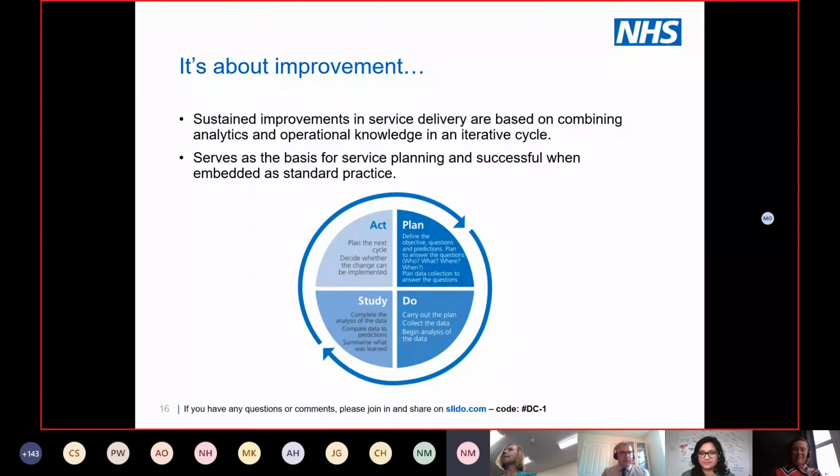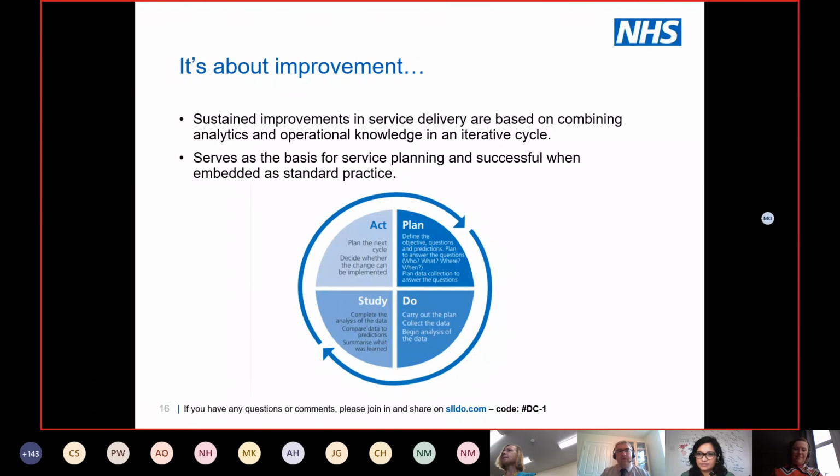Okay, so as we've mentioned previously, it's all about improvement, and we've shown the plan, do, study, act cycle here because we think that this approach is really fundamental in terms of delivering really robust modelling.